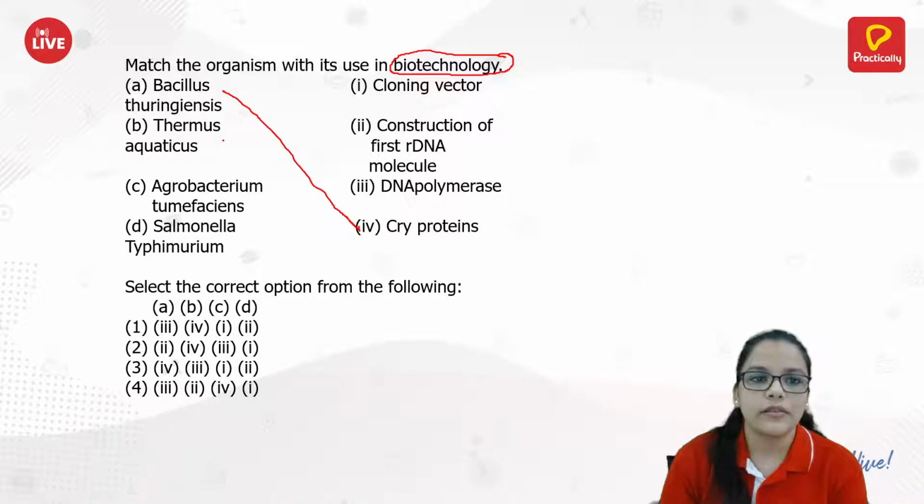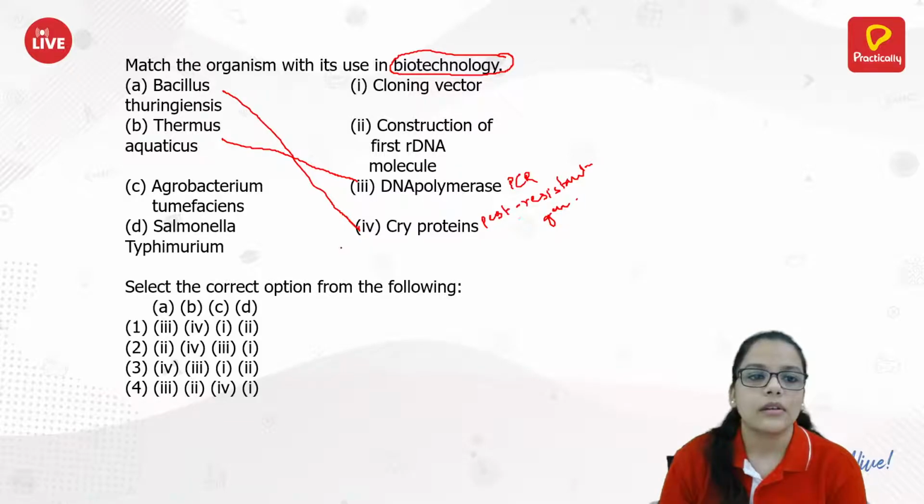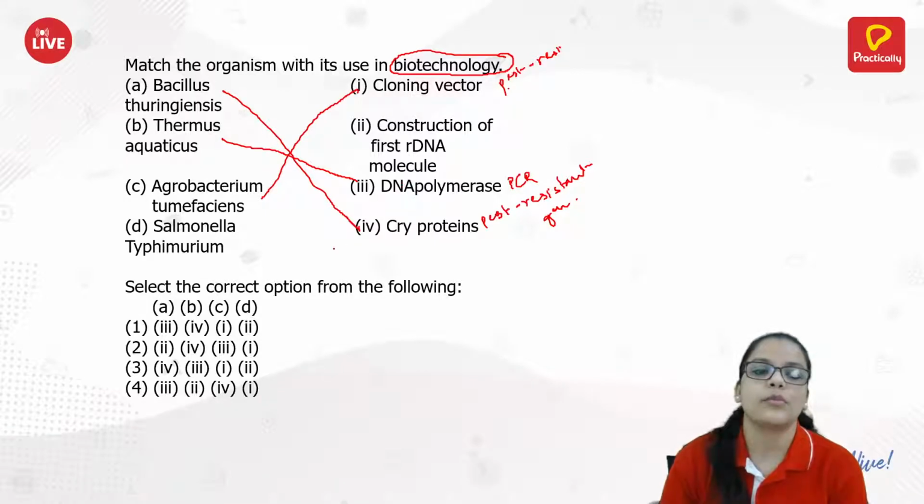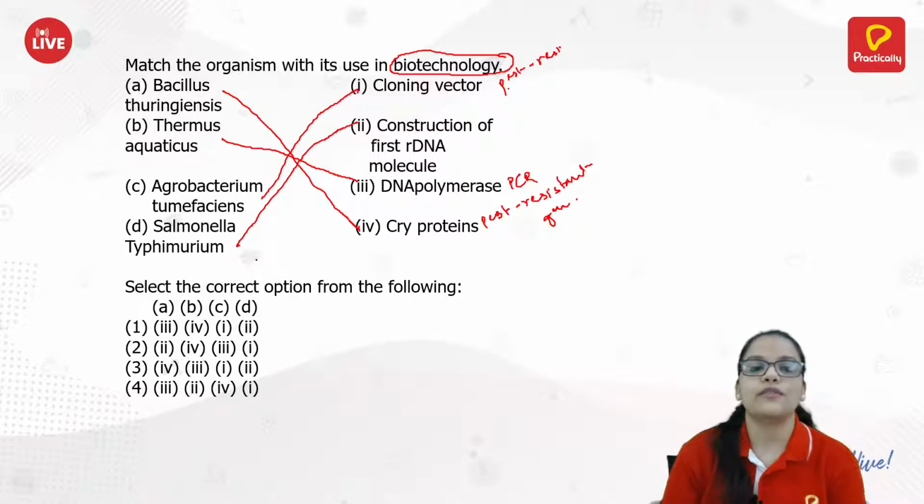Thermus aquaticus, very easy. It is used in PCR, has DNA polymerase. Agrobacterium tumefaciens, cloning vector, also used as pest resistance. Salmonella typhimurium was used in construction of the first recombinant DNA.